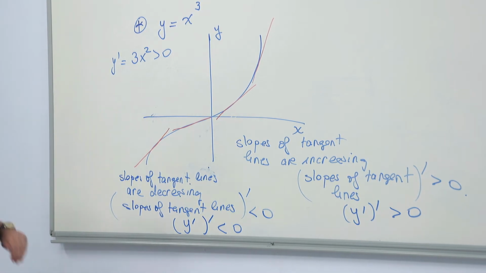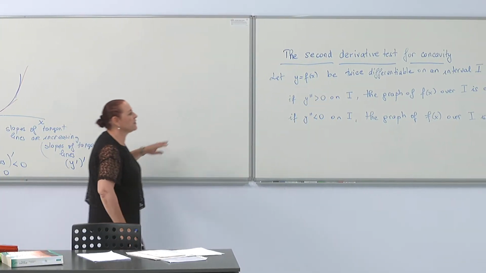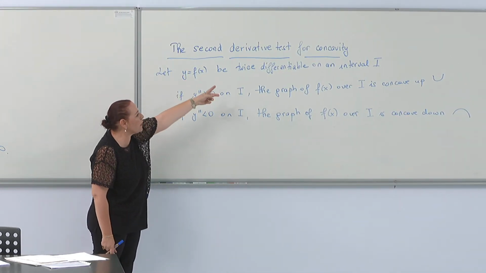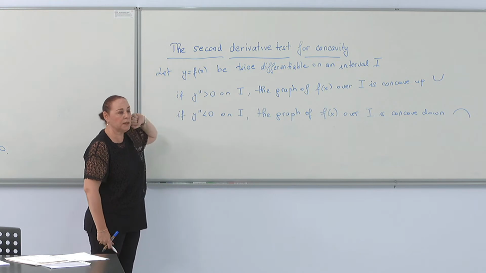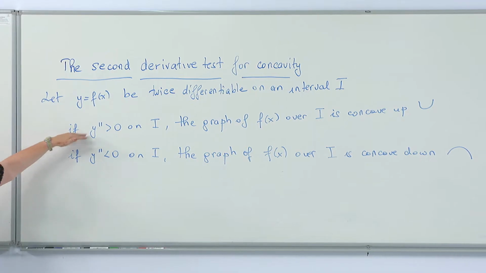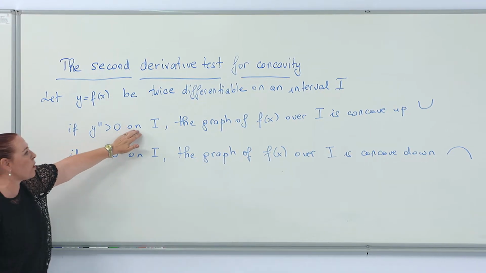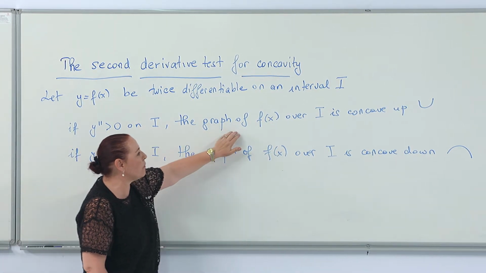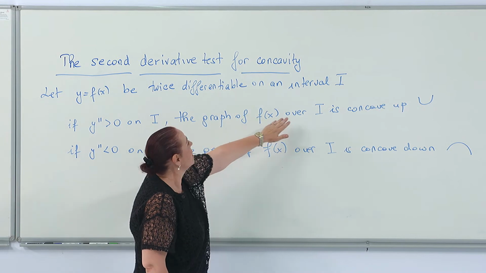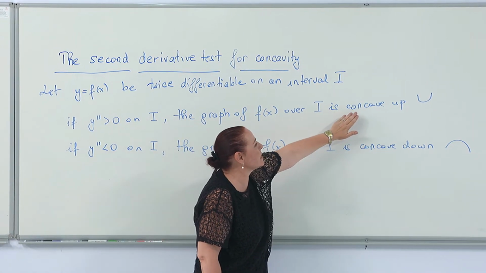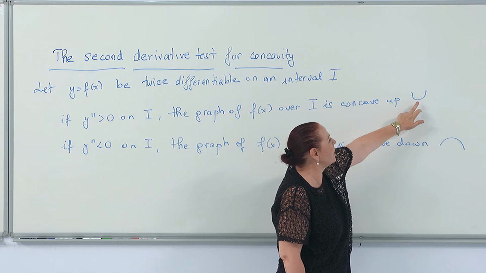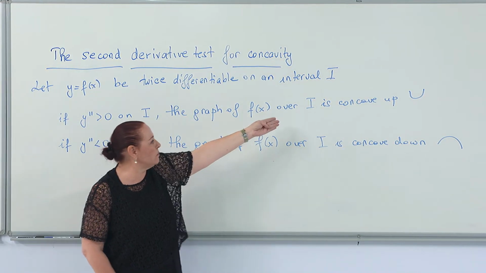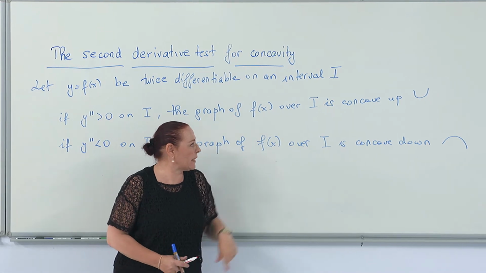So now we can move to the second derivative test for concavity. If you have a function that is twice differentiable on an interval, and the second derivative is positive on that interval, then the graph of the function over that interval is concave up. We use this notation to make it a shortcut.